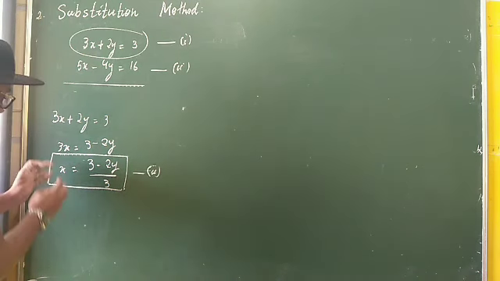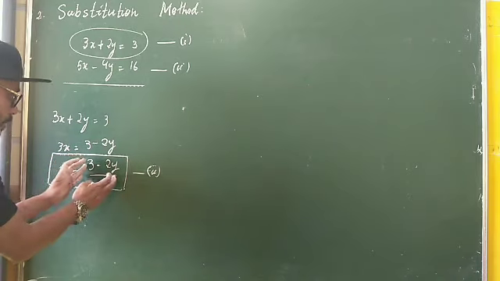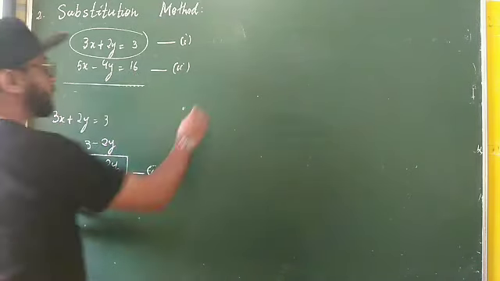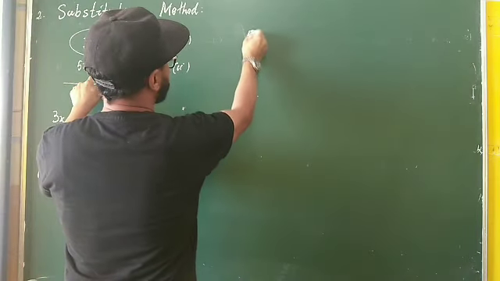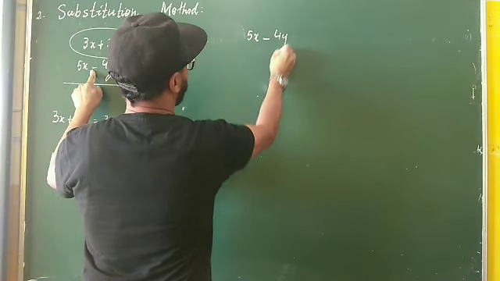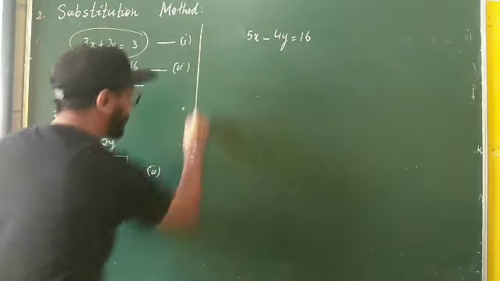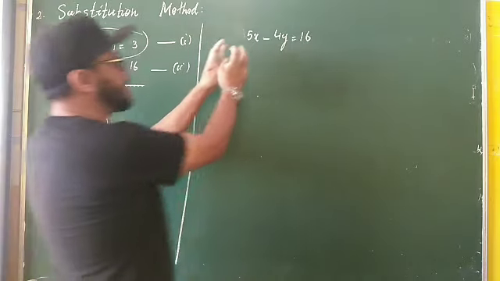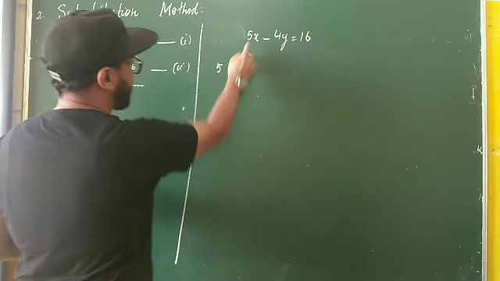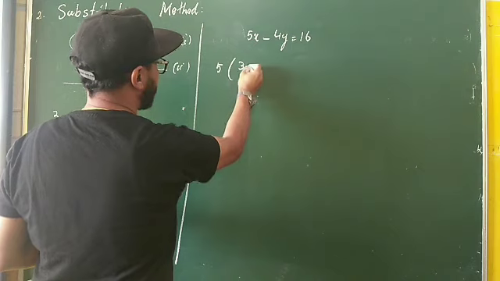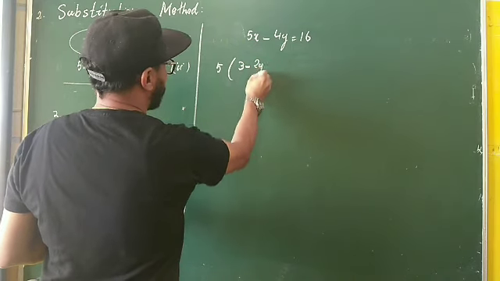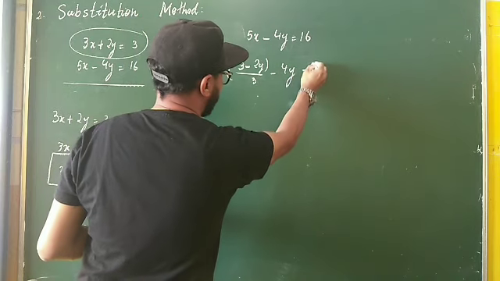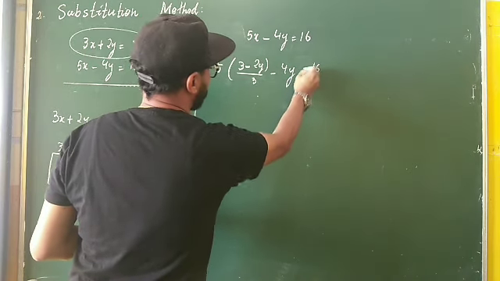Let's take this as equation number 3. Now by taking the value of this variable, we substitute the value of x in the second equation. The second equation is 5x minus 4y is equal to 16. So if you substitute the value of x in this equation, this will be 5 times (3 minus 2y) divided by 3, minus 4y is equal to 16.